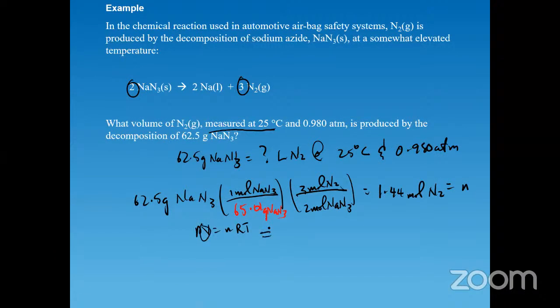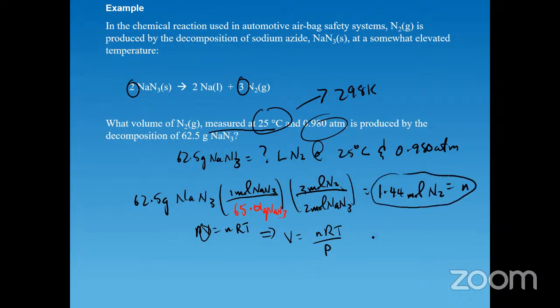So based on this equation, we can say that V is equal to nRT over P. So basically, all we have to do is put the numbers in. We have the temperature, which, by the way, we have to convert to Kelvin. When we do that, you're going to end up with 298 Kelvin, all right? So that's the temperature, and we have the pressure. And we just calculated the n, the number of moles, right? So all we have to do from here is plug the numbers into this equation.